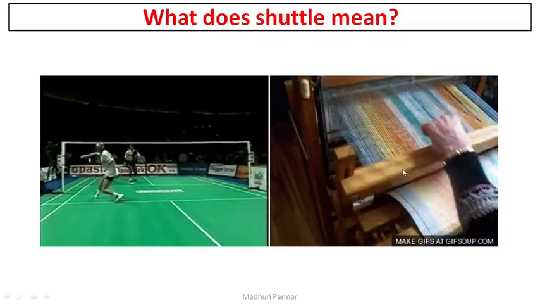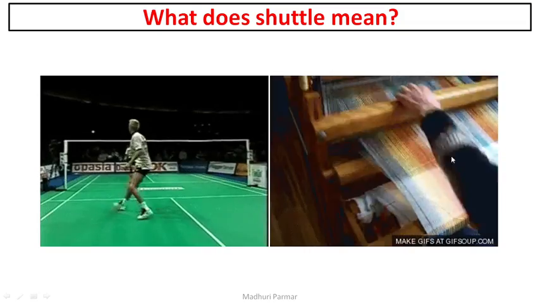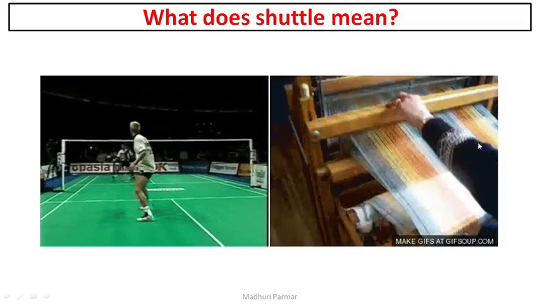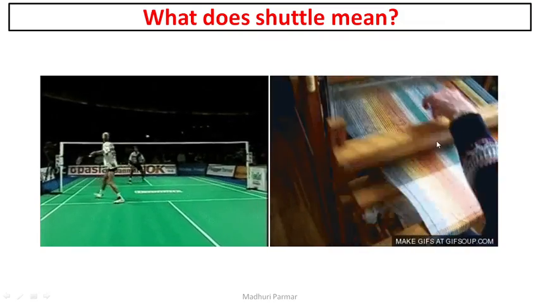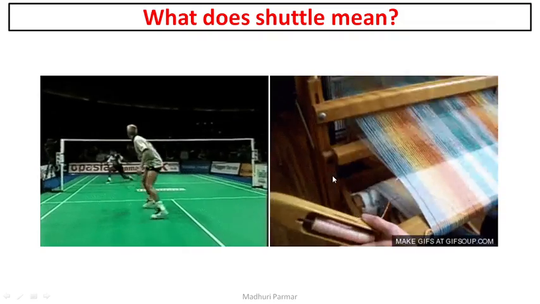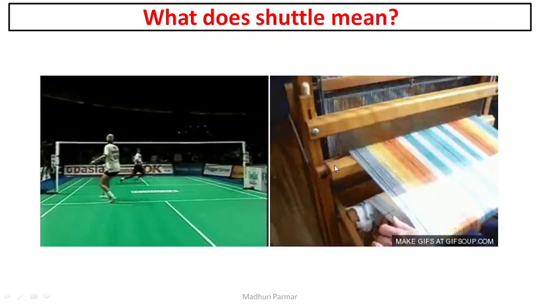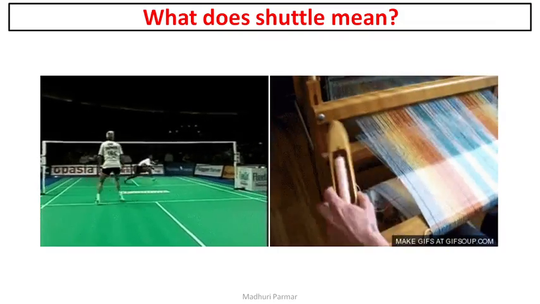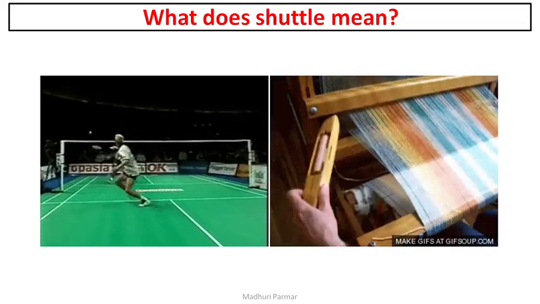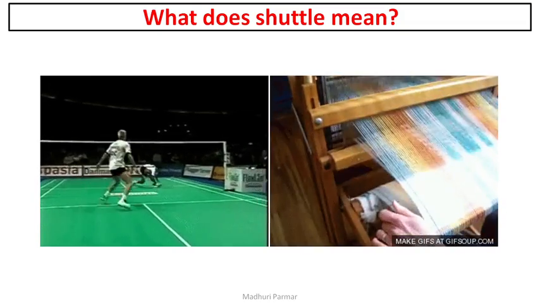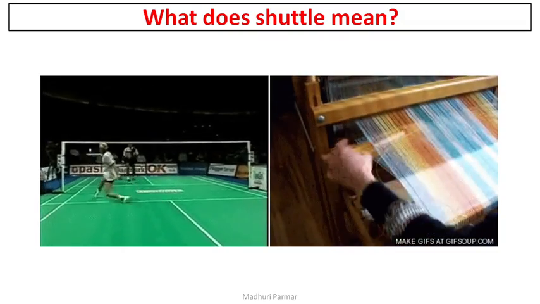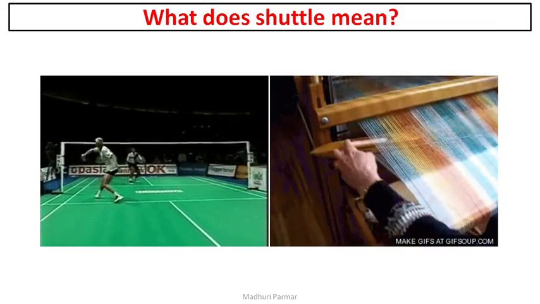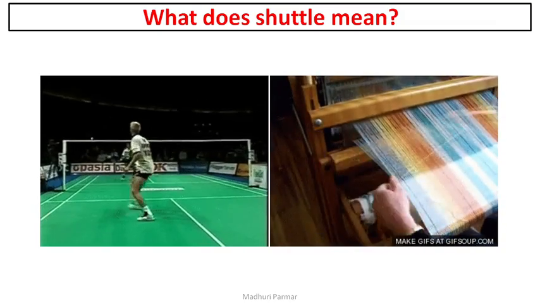Same thing in weaving, how clothes are made. There you can see this lady has one instrument which is passing through and coming back, right? This instrument is also known as a shuttle. In day-to-day life you must have also heard of shuttle rickshaws, which work on a certain route, from Crystal Mall to KKV Chowk and from KKV Chowk to Crystal Mall.